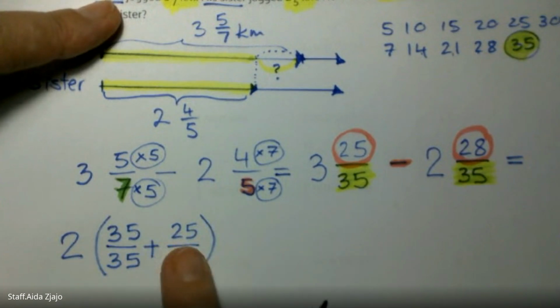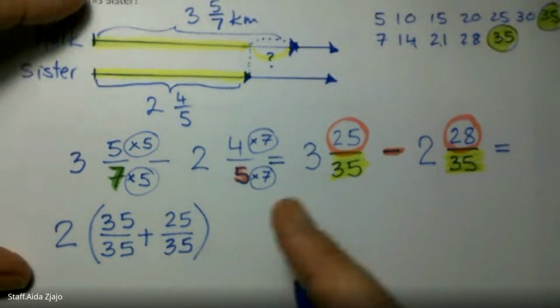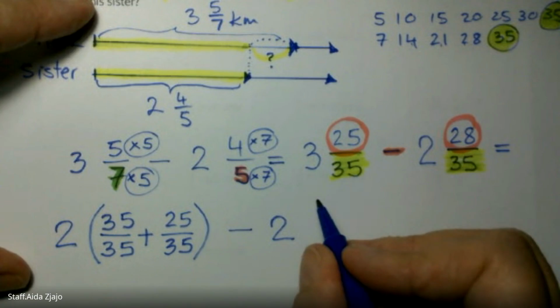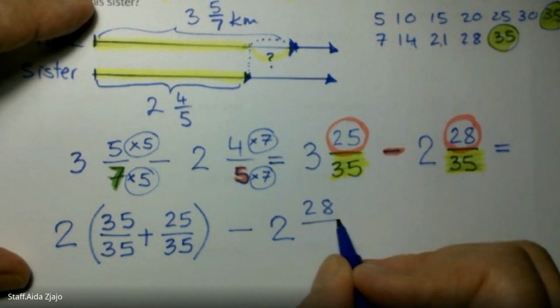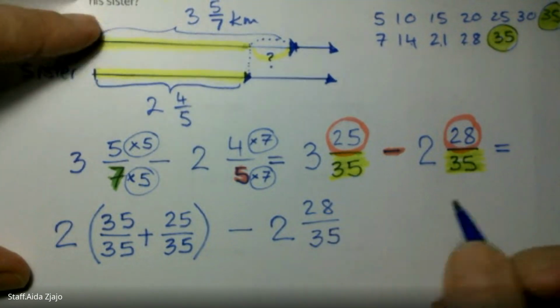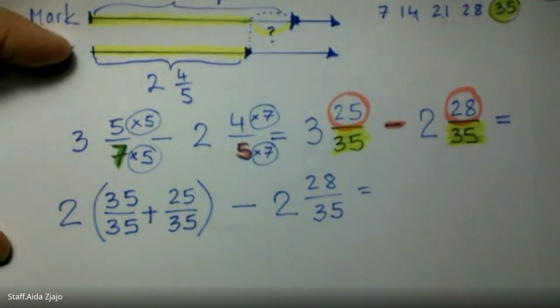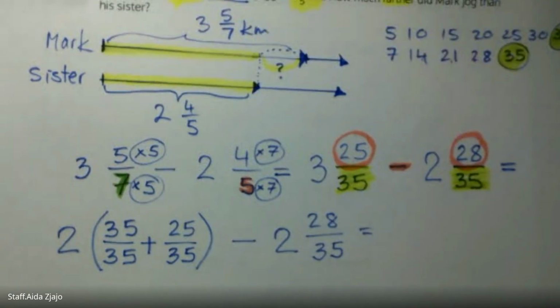Now I will have more pieces of 35, and I will be able to give away 2 wholes and 28 35ths. When we calculate this, the pieces are the same size.